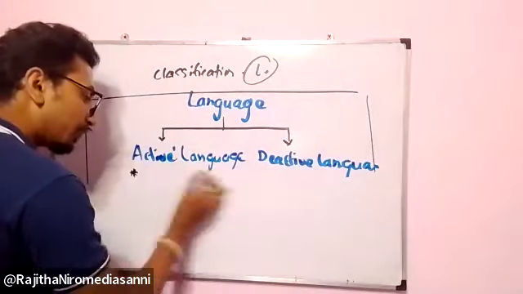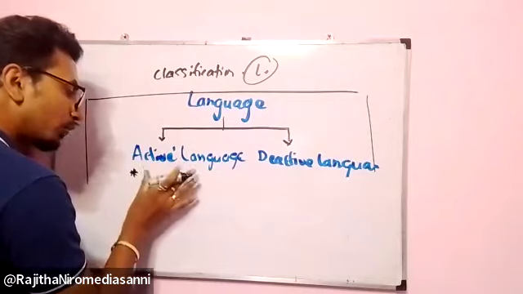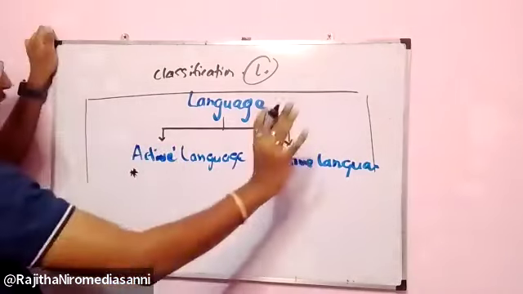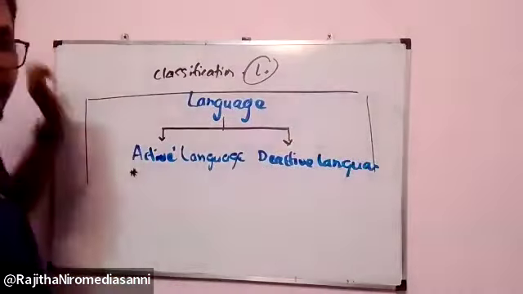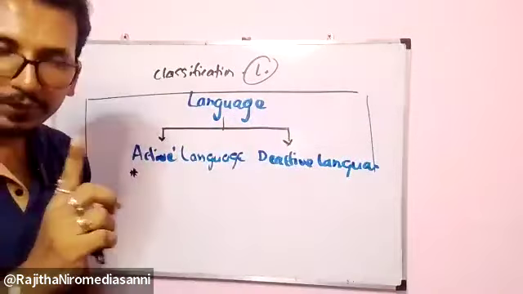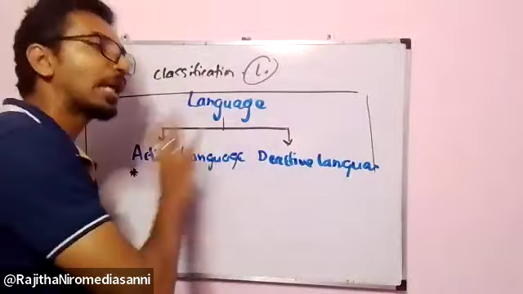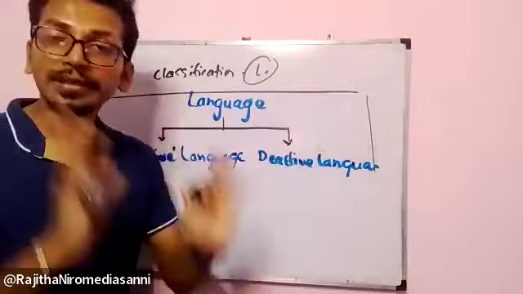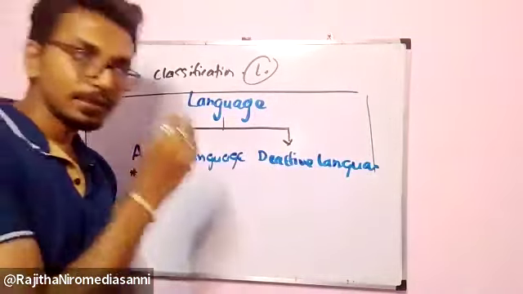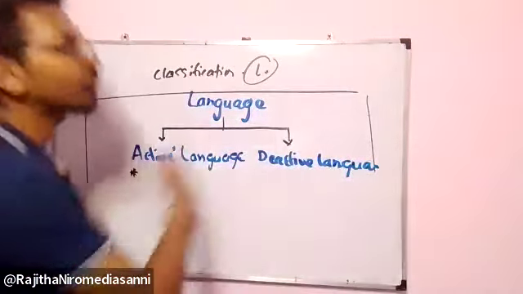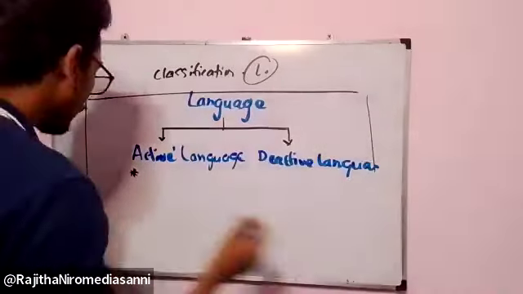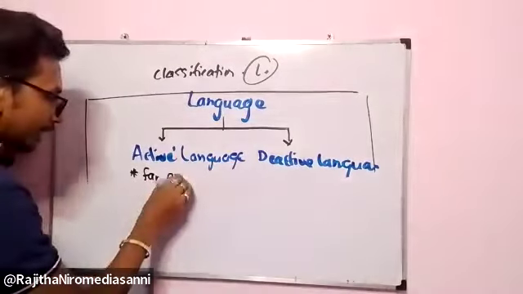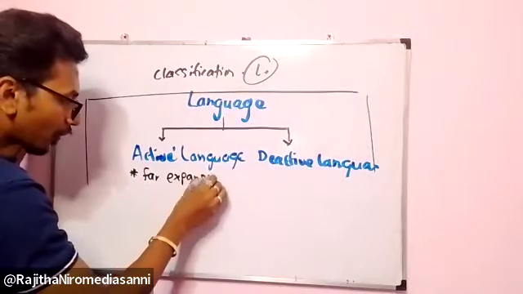But firstly, only the first characteristic is the same in both active and deactive. Only the first characteristic. Other characteristics are totally opposite from active. So the first characteristic is far expansion.